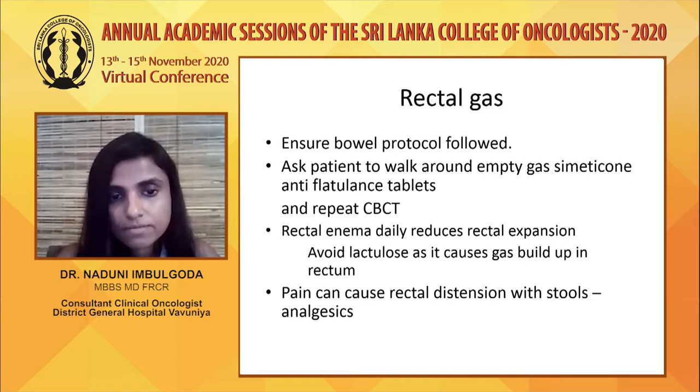They reduce daily rectal expansion, and there are studies that have shown that daily rectal enemas are helpful in bladder as well as prostate IMRT plans. It's also helpful to avoid lactulose as it causes gas buildup in the rectum. And pain is also a main issue, as pain can cause rectal distension with stools, so we need to give adequate analgesia for the patient during radiation.